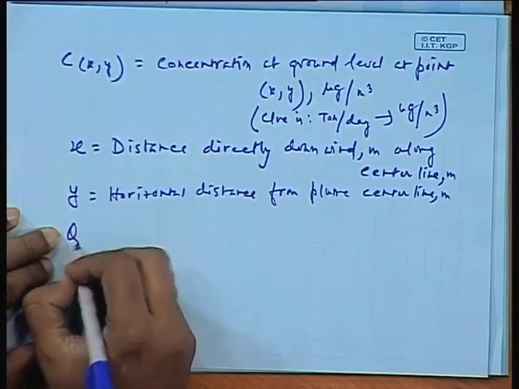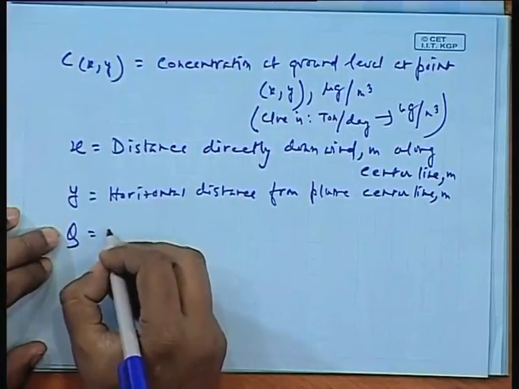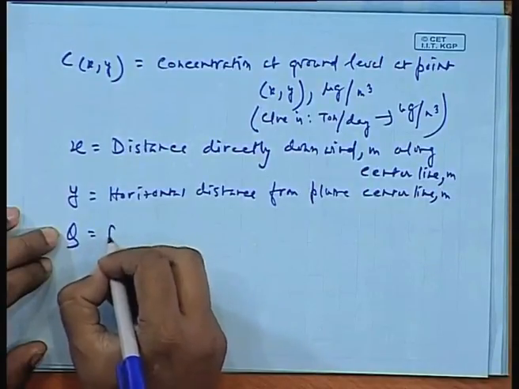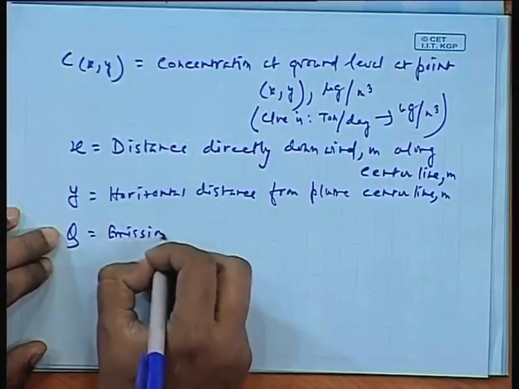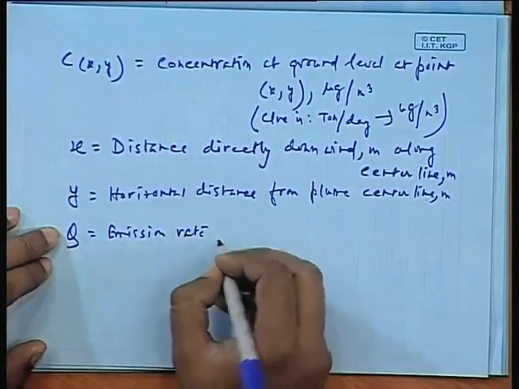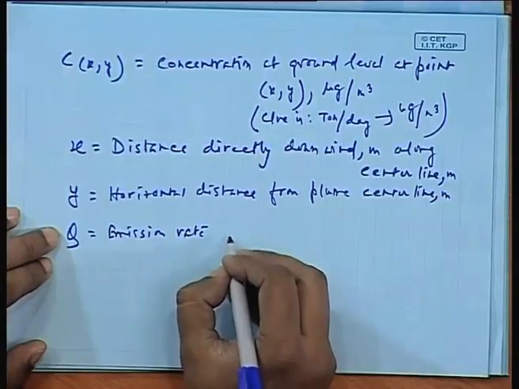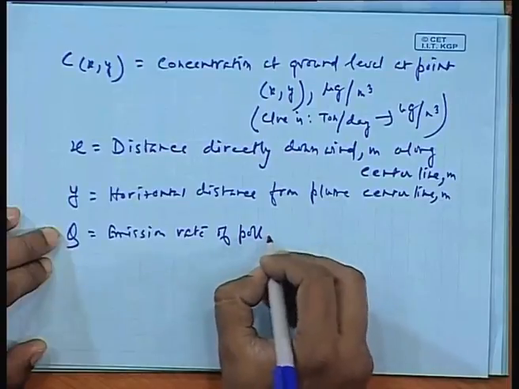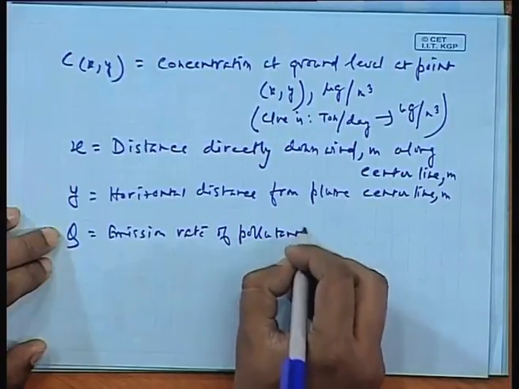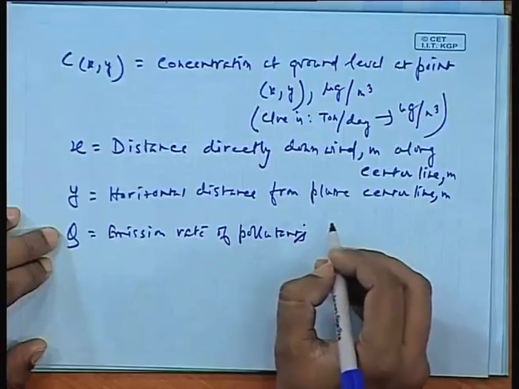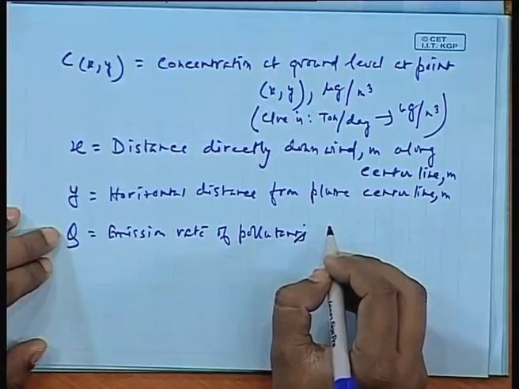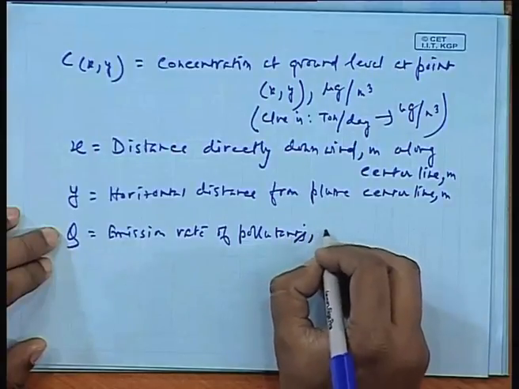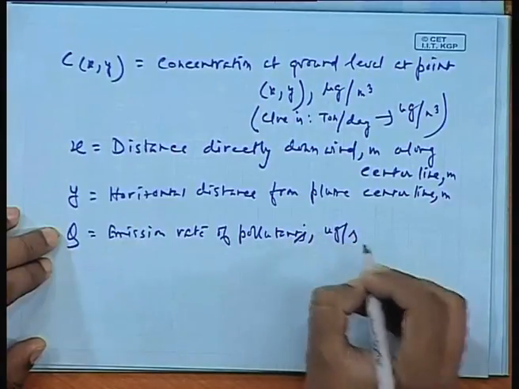Q is the emission rate of pollutants. Here, the emission rate of pollutants is in microgram per second.